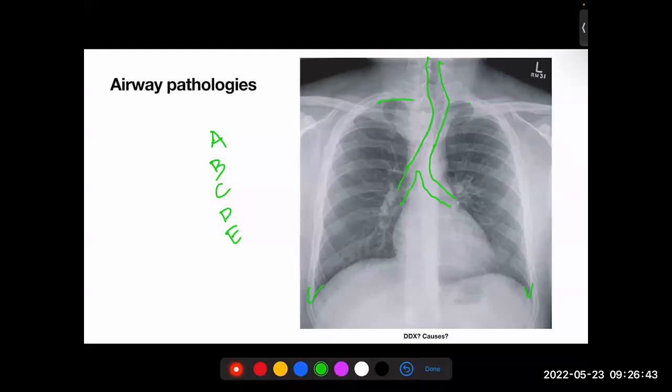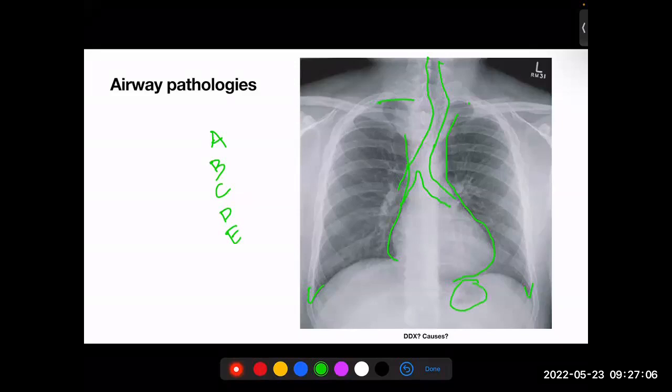Then you look at the heart. The outline of the heart is normal this side, and it's also normal that side. The gastric bubble is there. The ribs, to my assessment, all of them look normal. What am I trying to do, people?